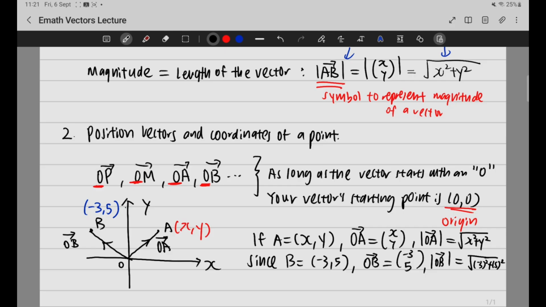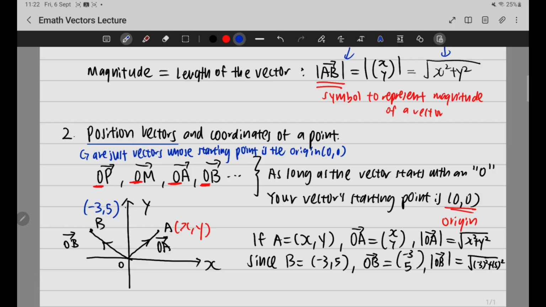So position vectors are just vectors whose starting point is the origin O, but they still behave like any other normal vector. So just bear that in mind.